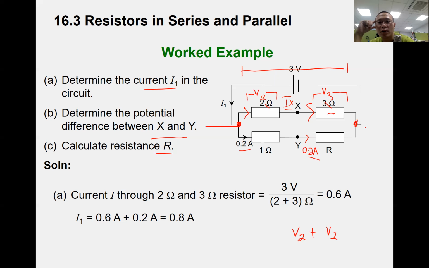Let's say I give this B and A. You'll find that V2 and V3 is actually across point A and point B. Which means that the potential difference of the EMF, 3 volts, is also across A and B. So V2 and V3 will add up to the total voltage of 3 volts here.